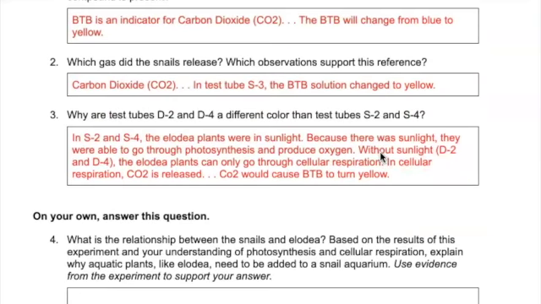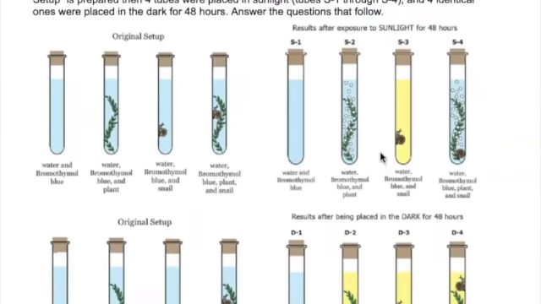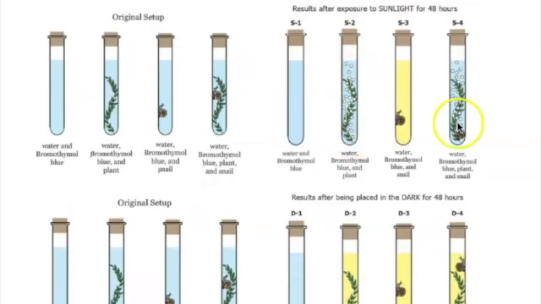Okay, question 3 says, why are test tubes D2 and D4 a different color than test tubes S2 and S4? Okay, so we have test tubes S2, S4, D2, and D4. So why is there this difference in color?